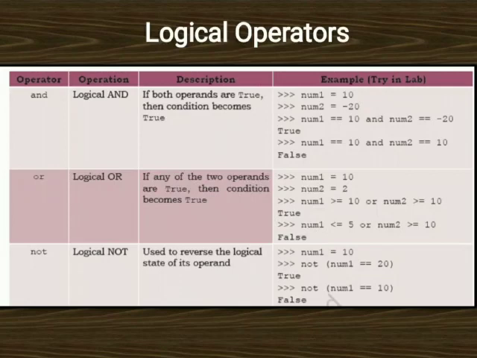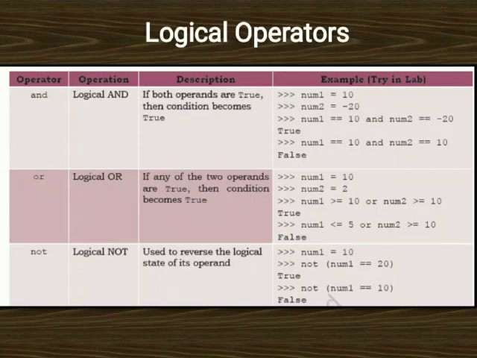Now let us see the next and last logical operator, that is NOT. It is also written in small letters. Now directly come to the example. Num1 is equal to 10. Next statement we have written: not num1 is equal to 20.